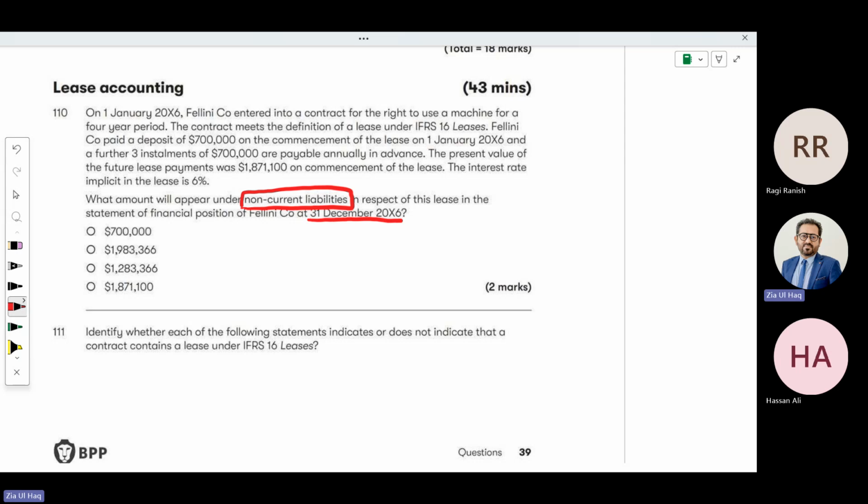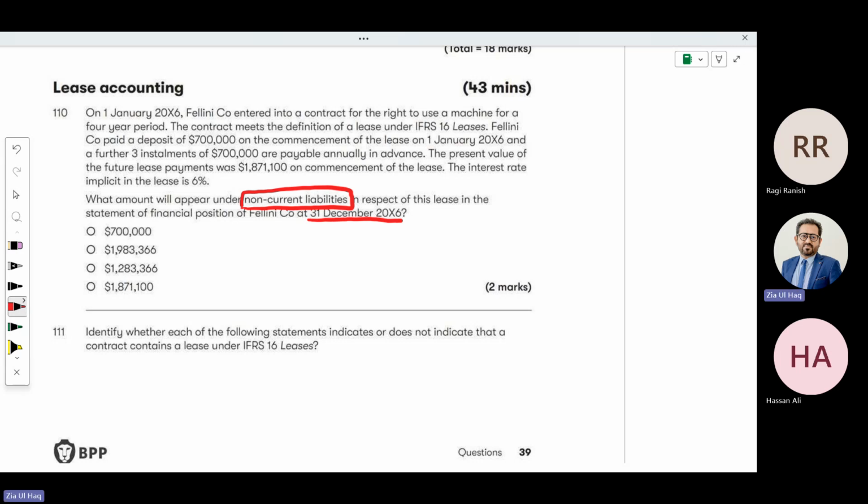The company paid a deposit of 700,000 on the commencement of the lease on 1st January 20x6, and a further 3 installments of 700,000 are payable annually in advance.